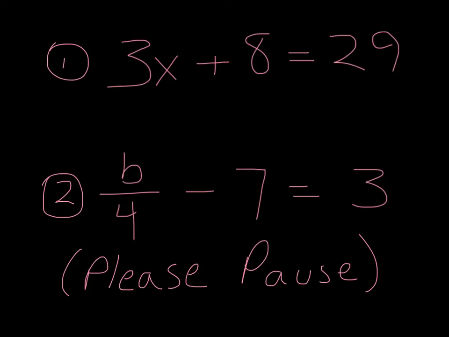Number 1 is 3x plus 8 equals 29. And number 2 is b divided by 4 minus 7 equals 3. Please pause the video, write out both these problems, and try to solve for the variable, x for number 1 and b for number 2, and then we'll go through the answers together.